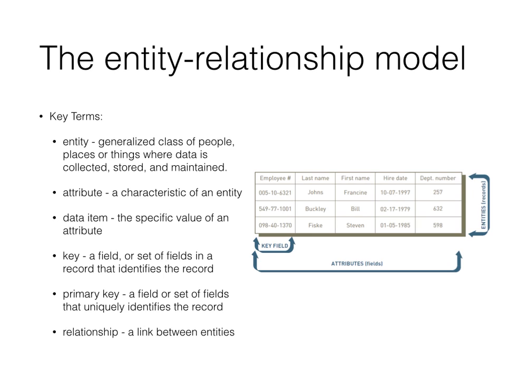So let's say there's multiple people, over the course of history at a university like San Francisco State, who have the employee number that we see in the first record here, 005-10-6321. But they definitely are probably not both named Francine Johns. So you could use the combination of employee number, first name, and last name maybe to uniquely identify who that employee is.